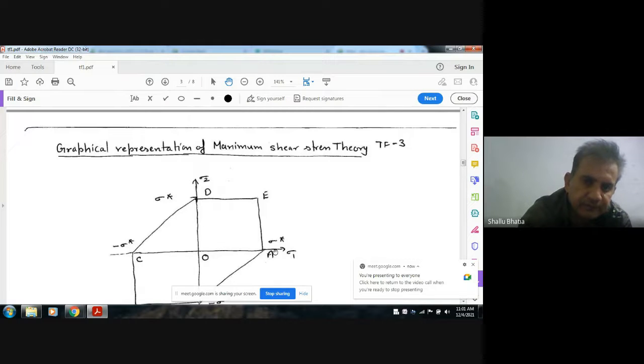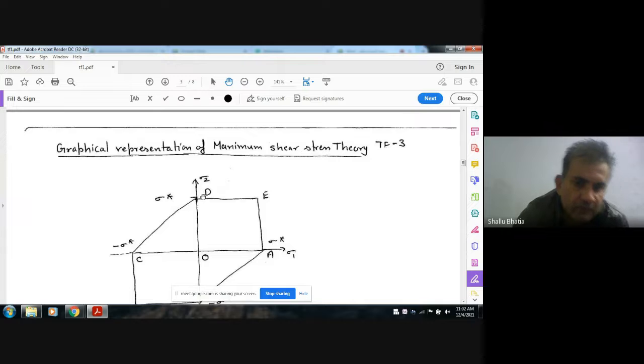This is the x-axis. Draw one principal stress on the x-axis and the other principal stress on the y-axis. Okay. If both are positive, if sigma 1 is positive and sigma 2 is positive, then it will be on the positive axis and it is also on the positive axis. And when both are positive, the third stress can be assumed as 0.